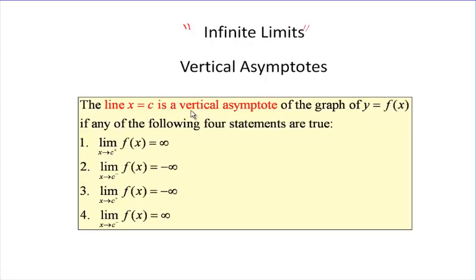The line x equals c will be a vertical asymptote of the graph of a function y equals f of x if any of the following four statements are true.